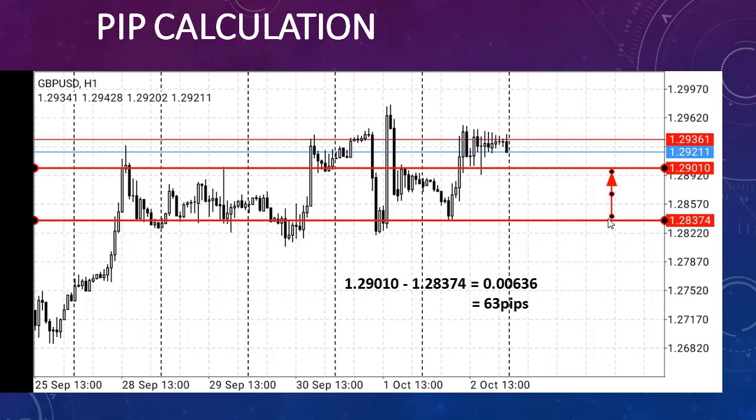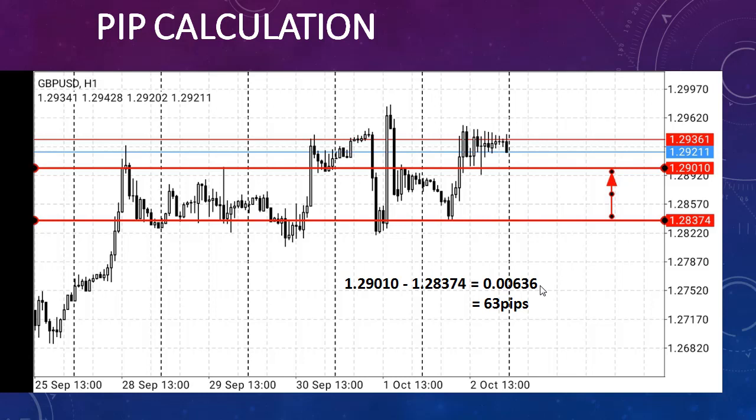So if price moved from 1.28374 to 1.29010, then what is the PIP? How many PIPs does the market move? So we can just subtract the numbers, which is 1.29010 minus 1.28374.